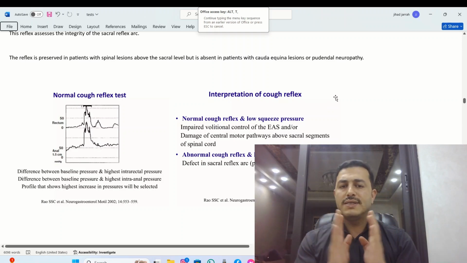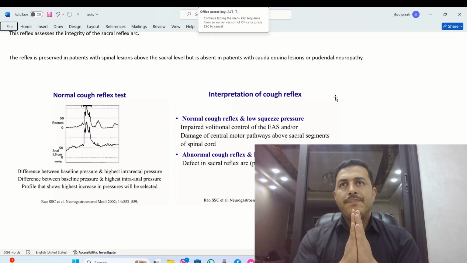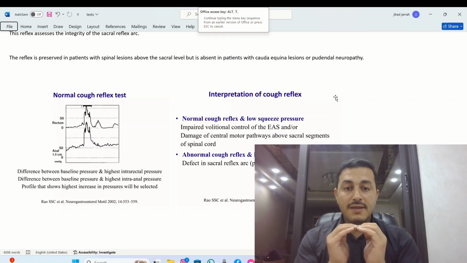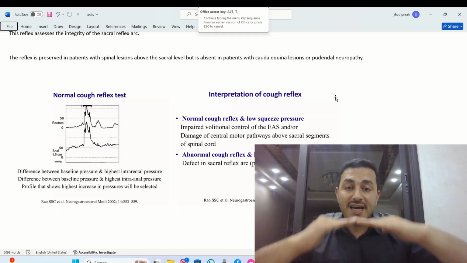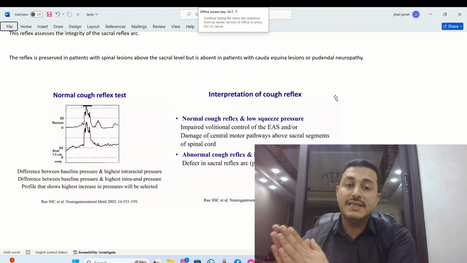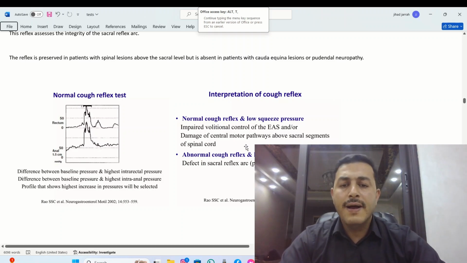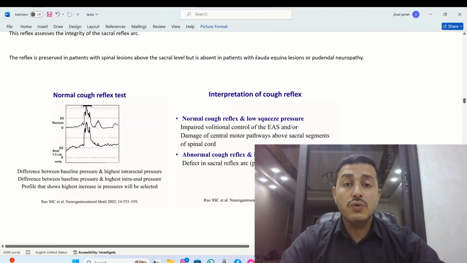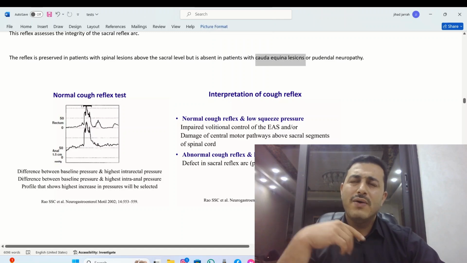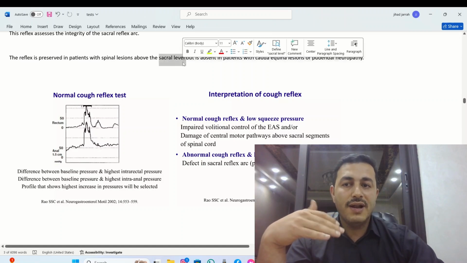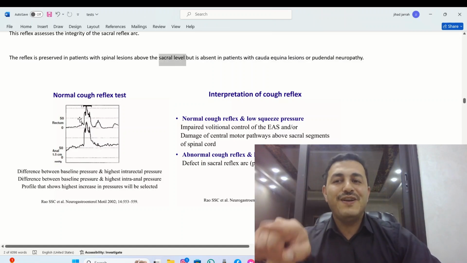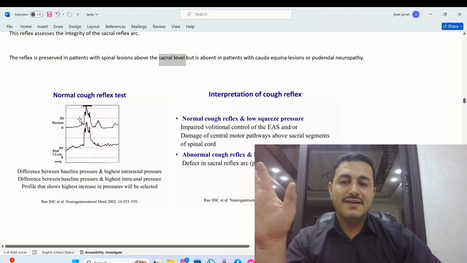If we have, for example, a low squeeze pressure, this means we have a defect below the sacral root, or at the level of the pudendal nerve, a defect in the sacral reflex arc, such as in a patient with a cauda equina lesion. Why are we saying that? Because above the sacral level, the cough reflex is preserved.